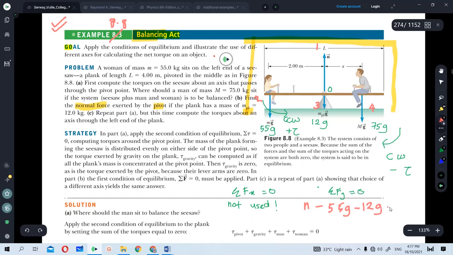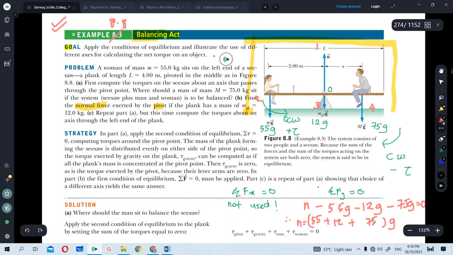Number 4 is 75g, and that's it. The whole thing, when summed up, must be equivalent to 0. Hence, you will find that the normal force is the sum of 55 plus 12 plus 75.